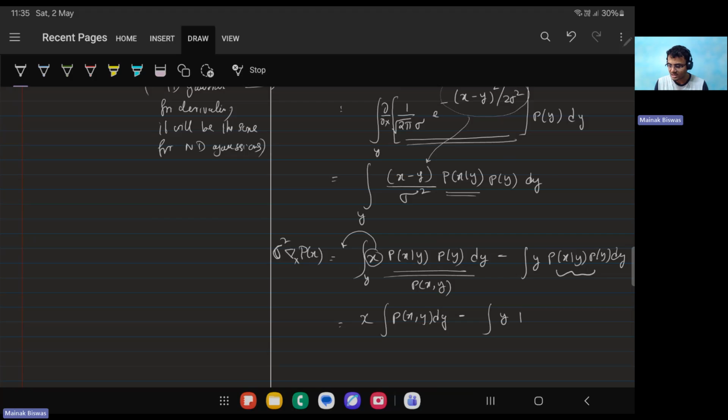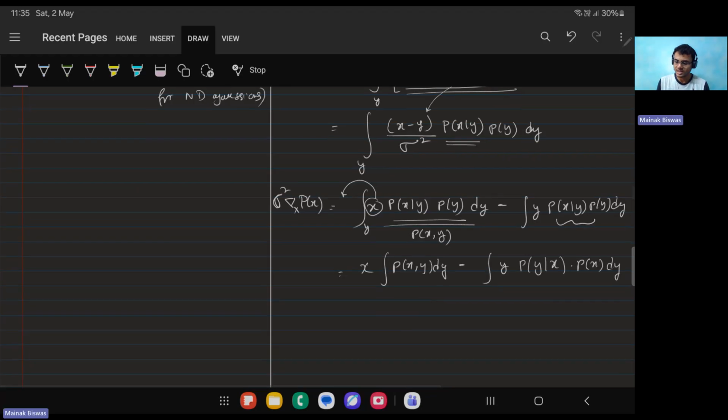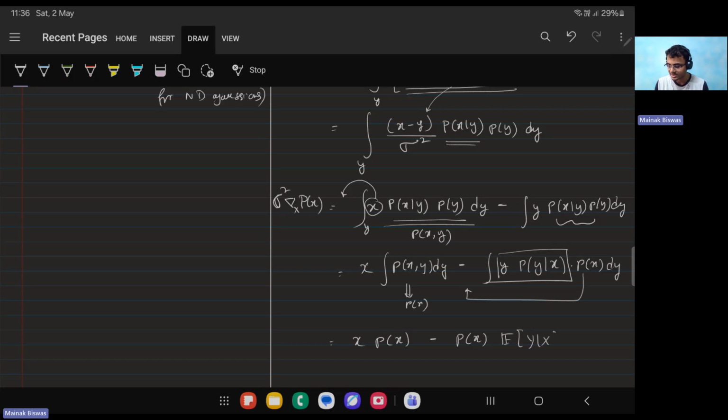I can write this as p of y given x into p of x dy. Again, p of x is not dependent on the terms, and this will also become p of x. So this becomes x p of x minus p of x into y times p of y given x, which is nothing but the expected value of y given x, the integral over dy.